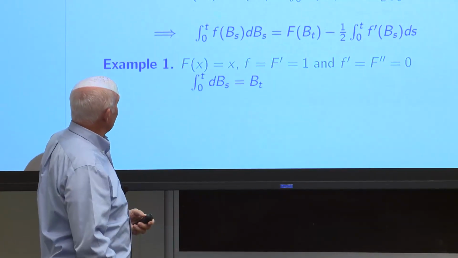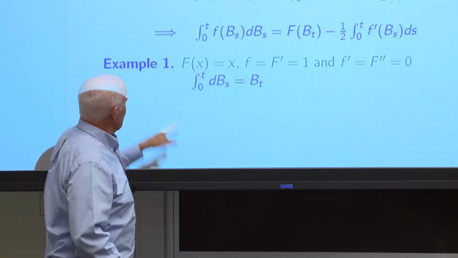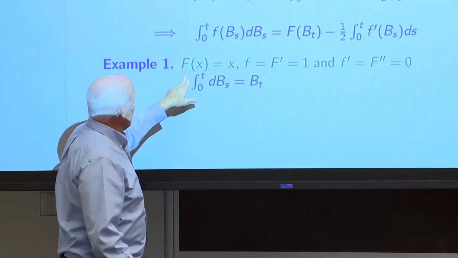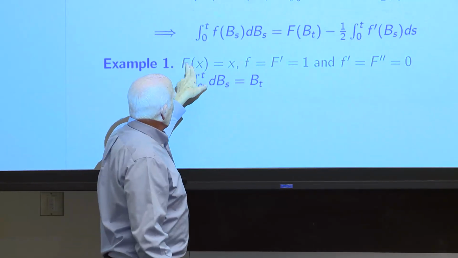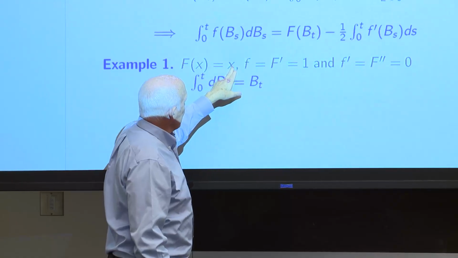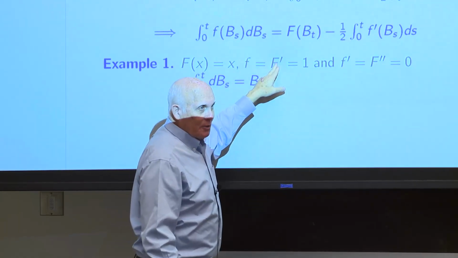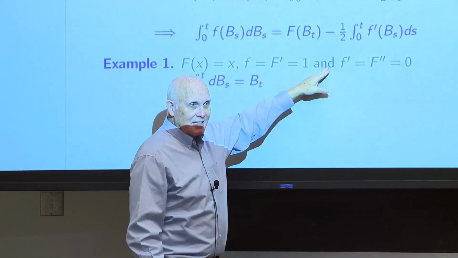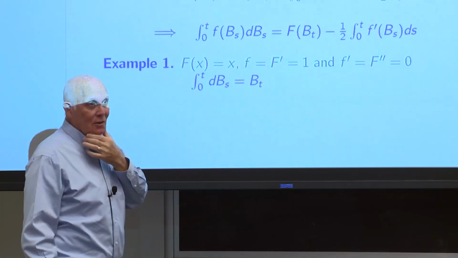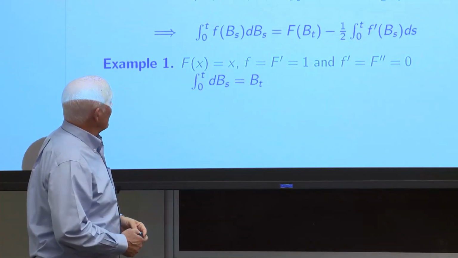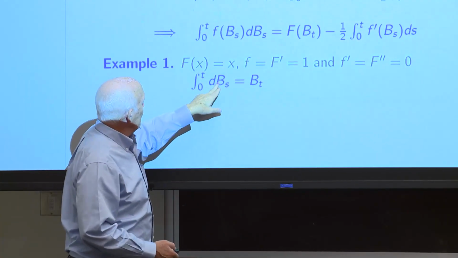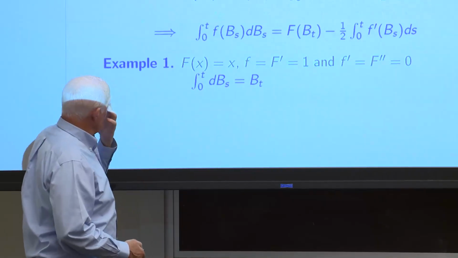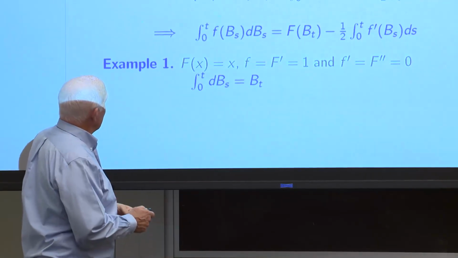Now let's apply this just for the case where capital F of x equals x, the derivative is 1, and the second derivative is 0. Then the integral of dBs is equal to Bt.